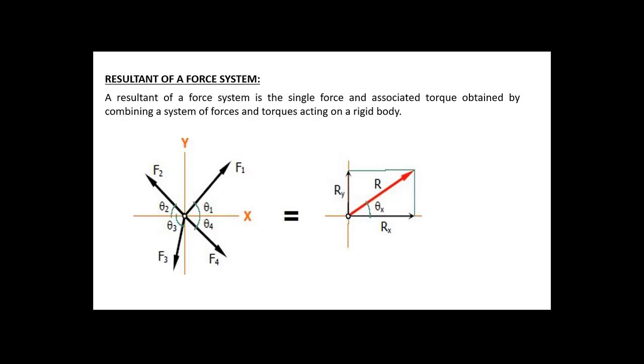So the resultant of a force system is the single force and associated torque obtained by combining a system of forces and torques acting on a rigid body.